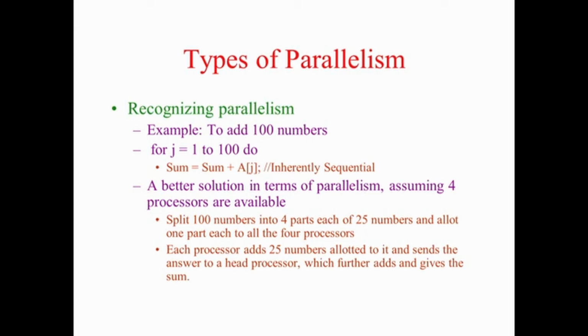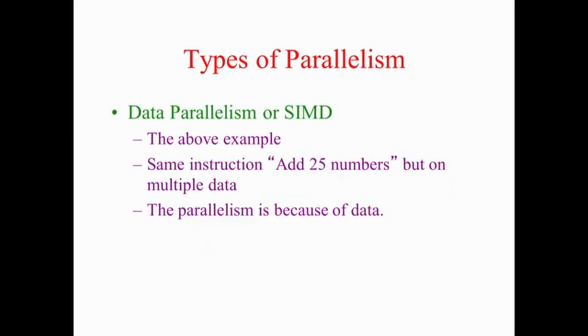So in 25 units of time I will get the answer of 25 numbers being added, and then I will have one processor which will add those 4 and give me an answer, right. So at the first stage, this is called data parallelism, because the parallelism here is because I have 100 units of data. The parallelism in this example is because I have multiple data.